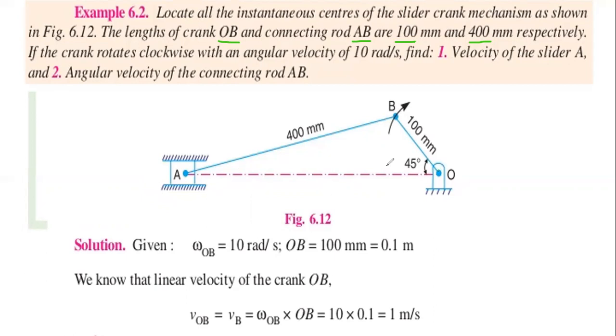Then draw an arc on it. So we have got an arc like this, drawn with a length of 100 mm. Next, they have given the connecting rod length as 400 mm. So the length of the connecting rod is taken here.